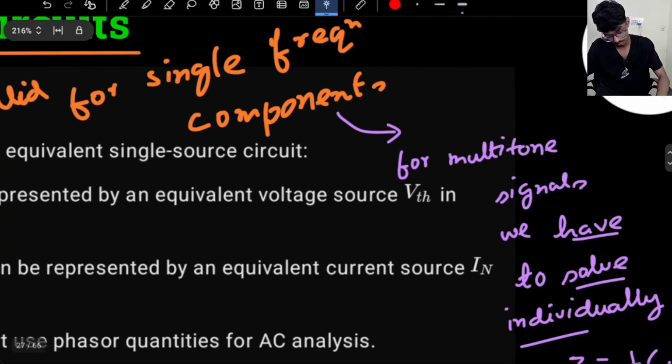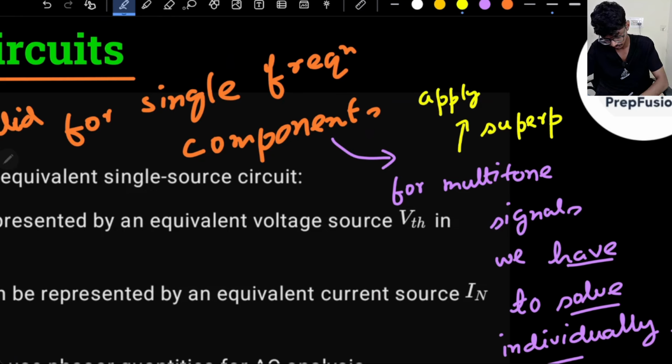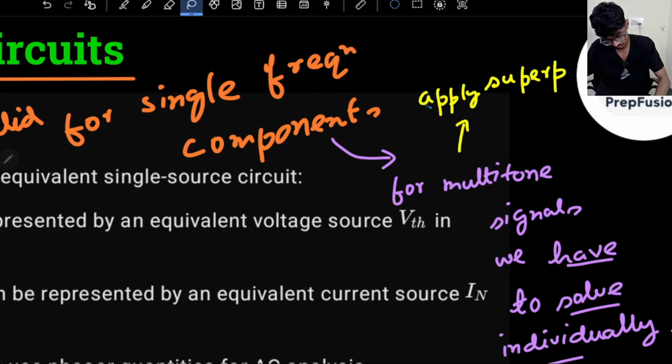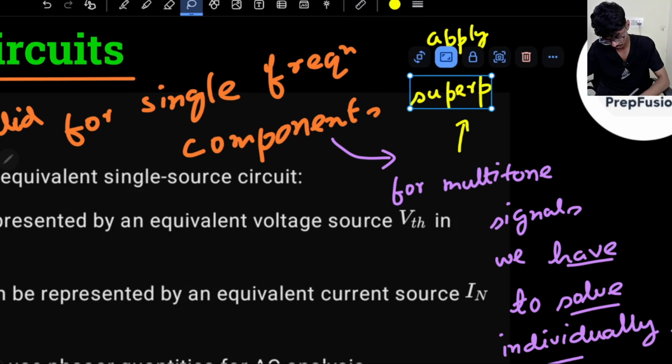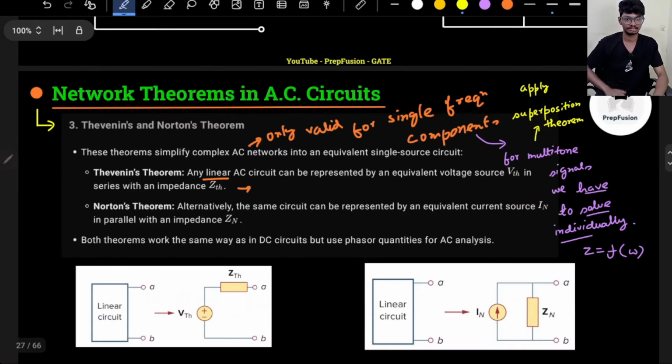So for a multi-tone signal, I will apply the superposition theorem.